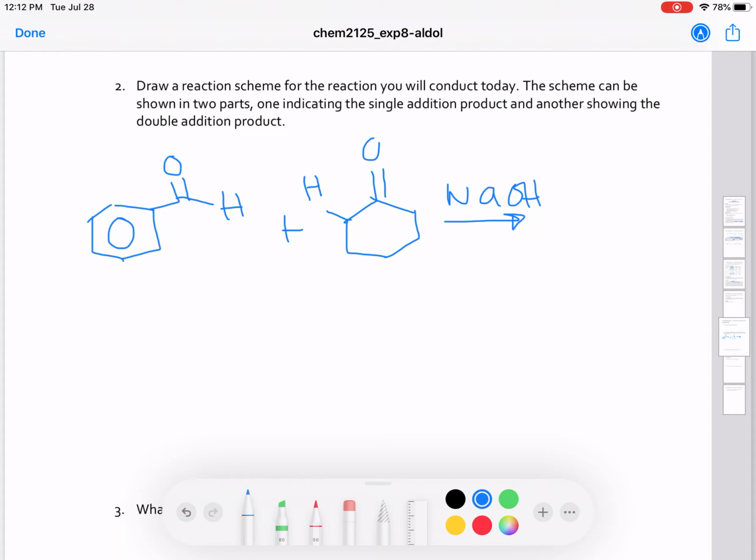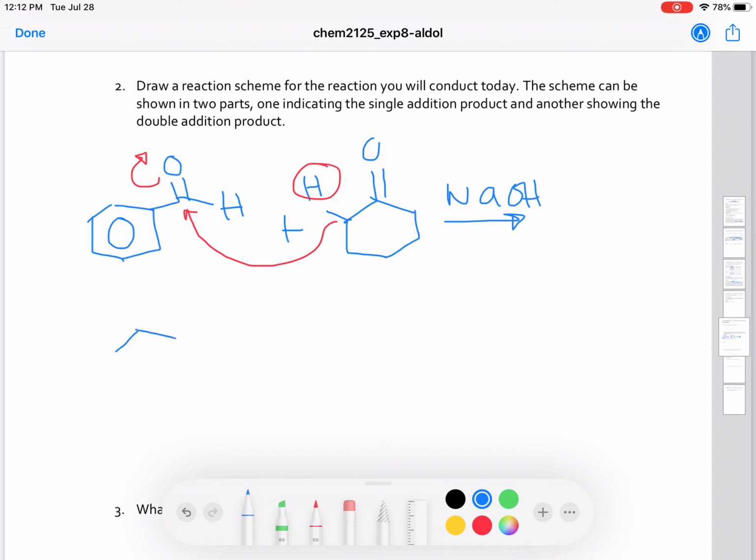What's basically going to happen is the hydrogen I have drawn on the ketone will be removed by sodium hydroxide to form the carbanion, the enolate ion. I will just draw what I'm talking about. This hydrogen will be lost and this carbon is going to attack this carbonyl group.